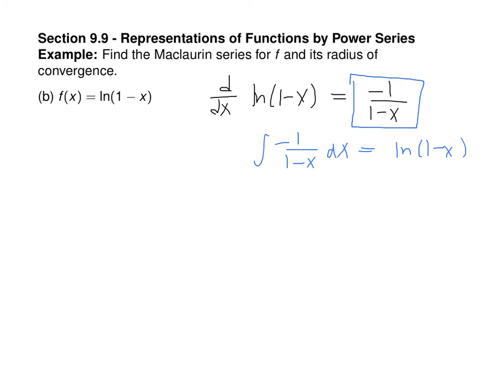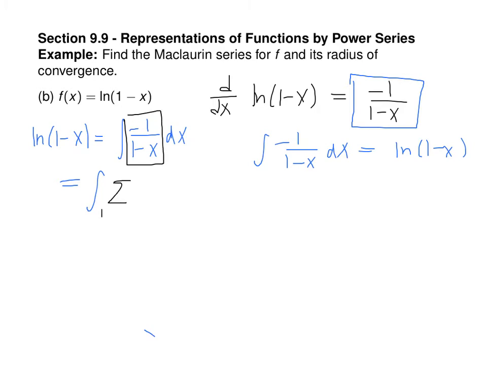So we have that ln of 1 minus x will equal the integral of negative 1 over 1 minus x. So a power series representation for negative 1 over 1 minus x would be a sum from 0 to infinity, negative 1, x to the n, dx.